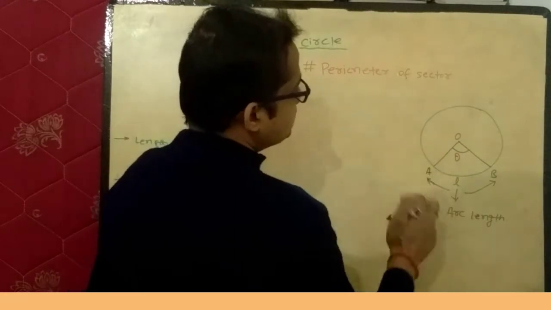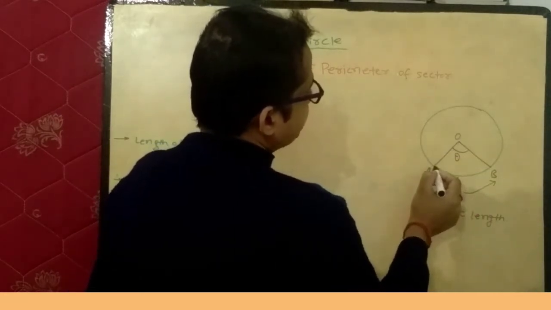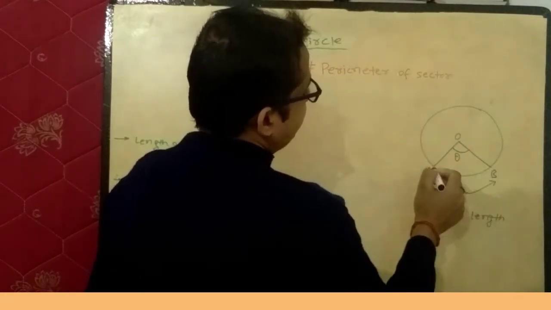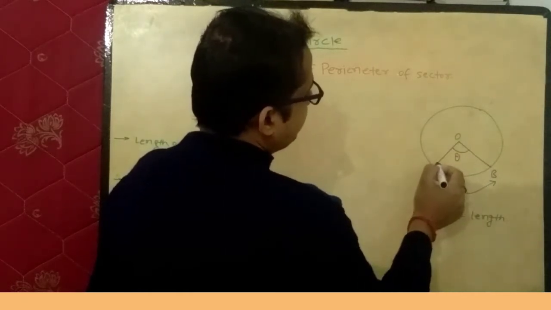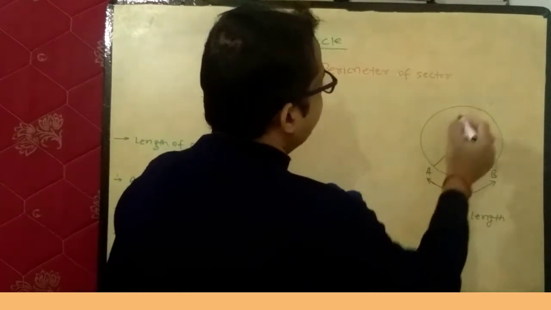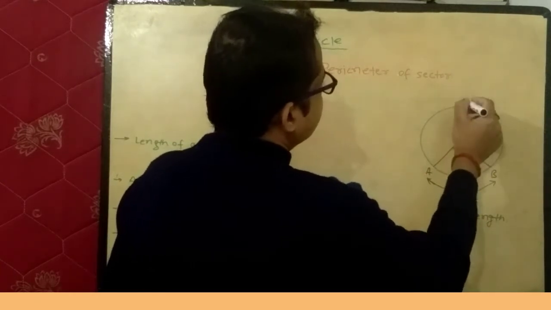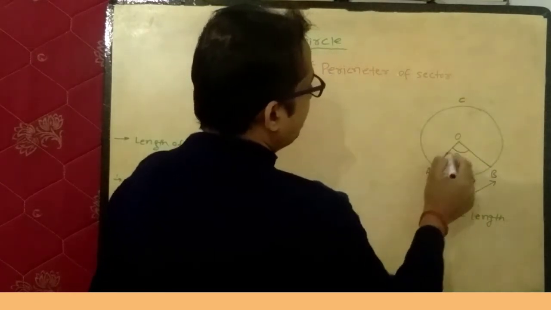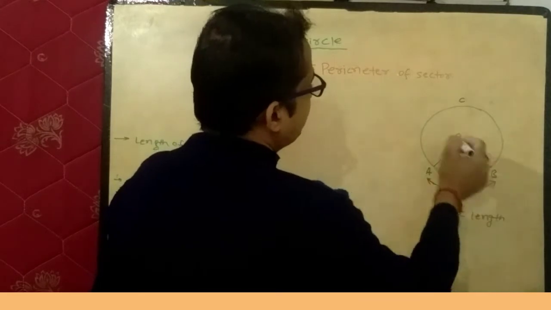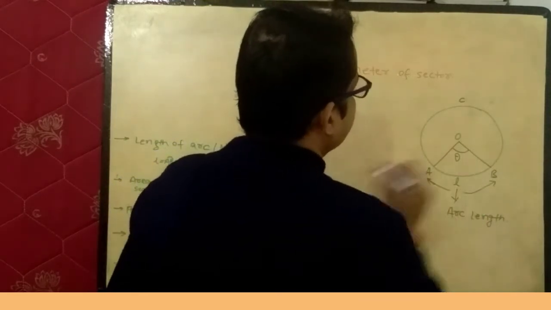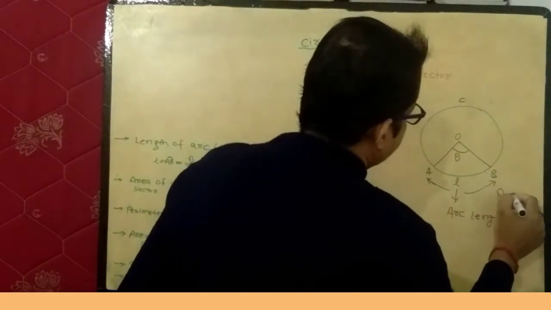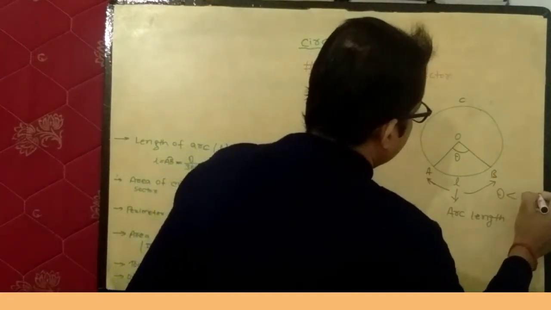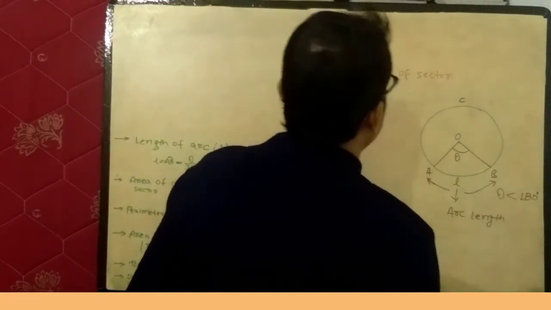So there are two sectors in this circle. First one is minor sector and second one is major sector. Minor sector is OABO, and major sector is OACBO. This is major sector and this is minor sector. Here for minor sector, theta is less than 180 degree.